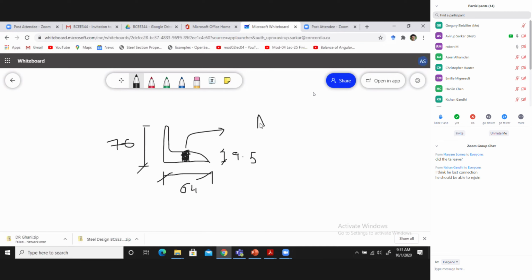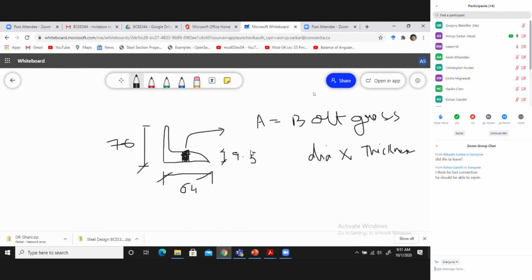So the area which will be reduced will be the bolt gross diameter multiplied by the thickness. This will help you understand pictorially why it is multiplying by the thickness times the bolt diameter and not by the width.